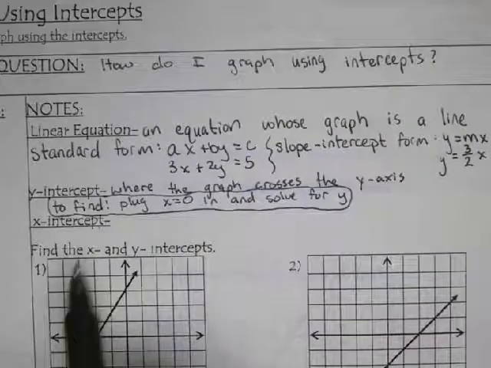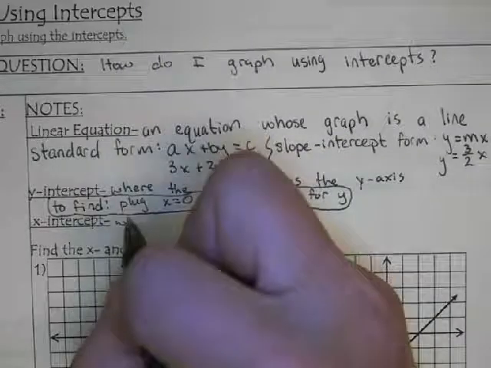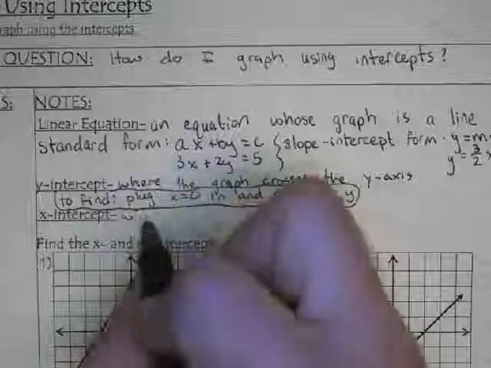And the same idea, but kind of flipped, is going to be for the x-intercept. The x-intercept is where the graph crosses the x-axis.